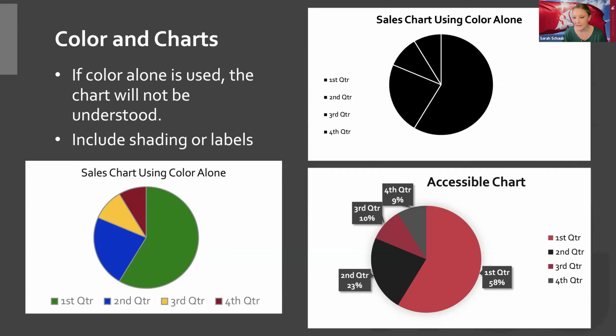And then I have provided an accessible chart that includes the use of color but it also includes text labels for each one of the sections of the pie chart that include the percentage as well as the quarter. And so if that was the way that you labeled your information, then you would not necessarily need to meet the color contrast you need, because you're doing more than just providing color, you're including several other elements to help discern the text or the chart.